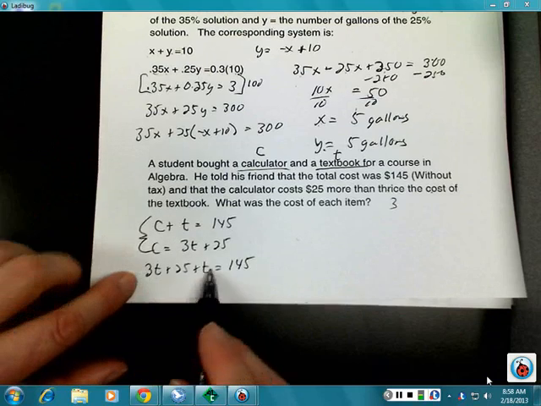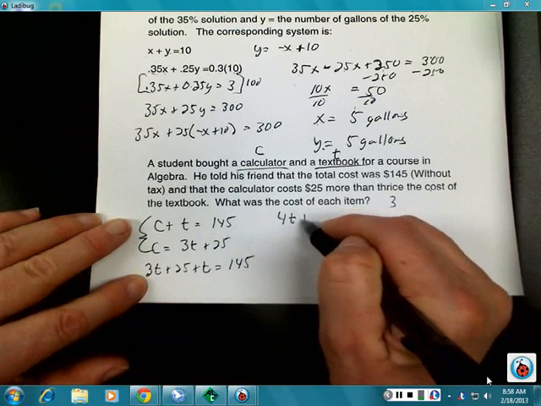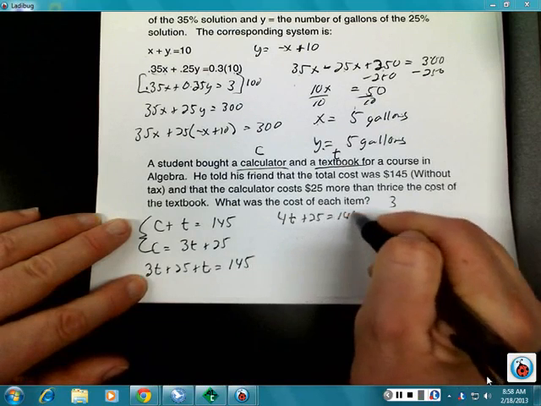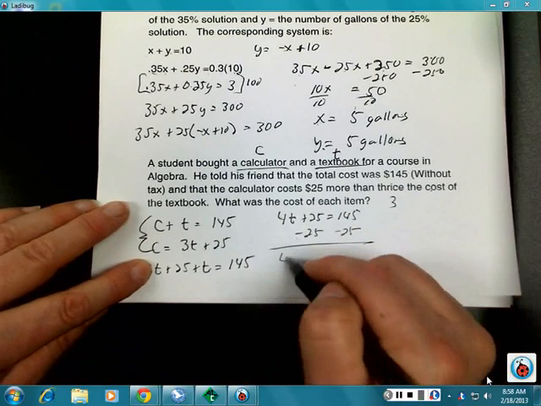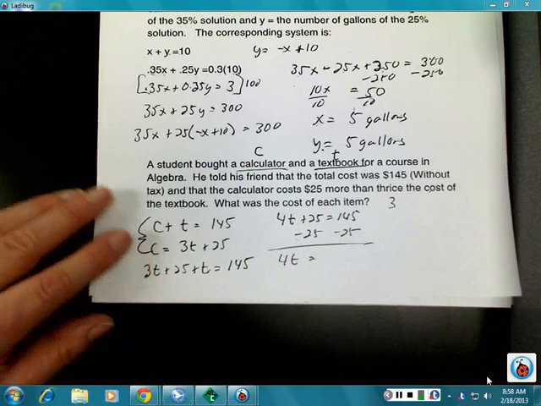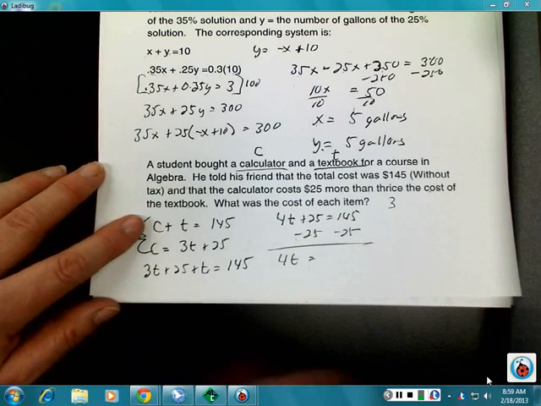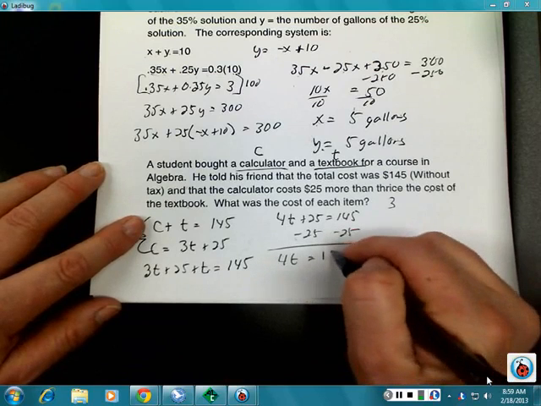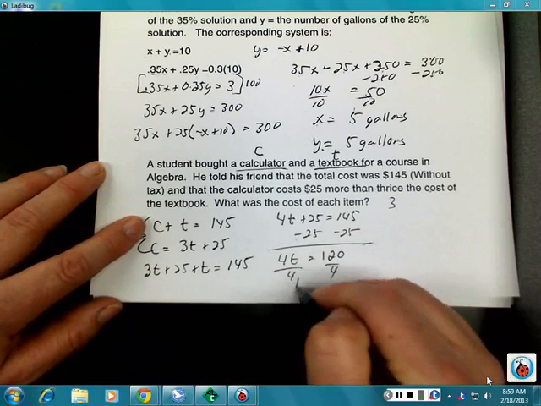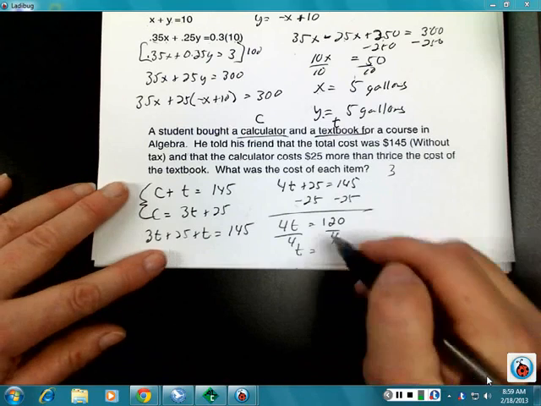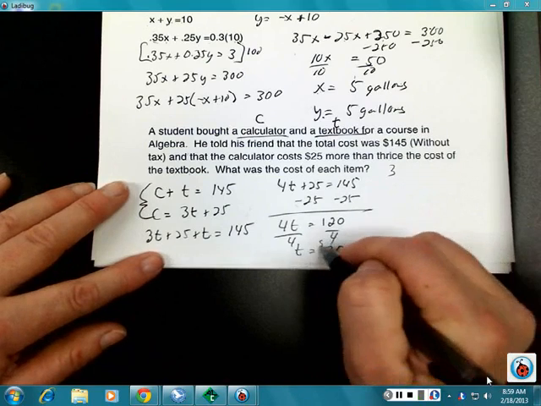So 3t plus t is 4t. Subtract 25, and I get 4t is equal to a big whopping 120. Divide by 4, and we find the textbook cost him $30.